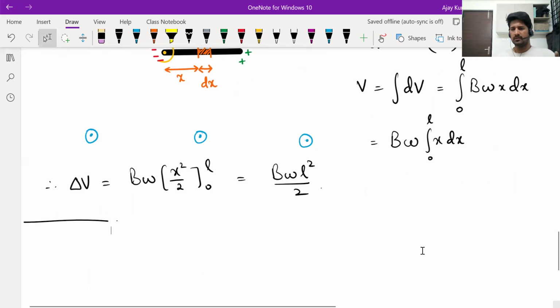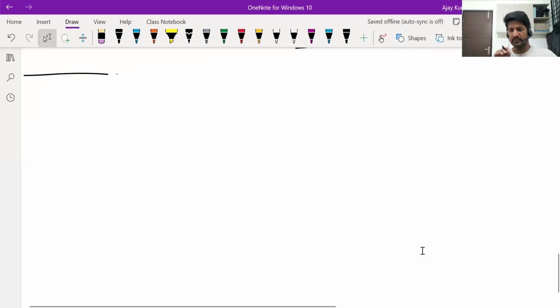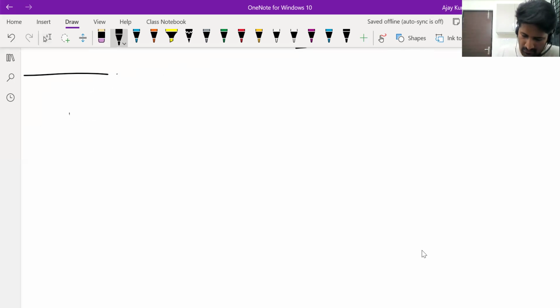Fine. So listen, what we discussed last class and this class is one of the ways in which EMF gets induced when flux through a coil changes. Magnetic flux is B dot A, that is BA cos theta. So to change flux, there are many ways.